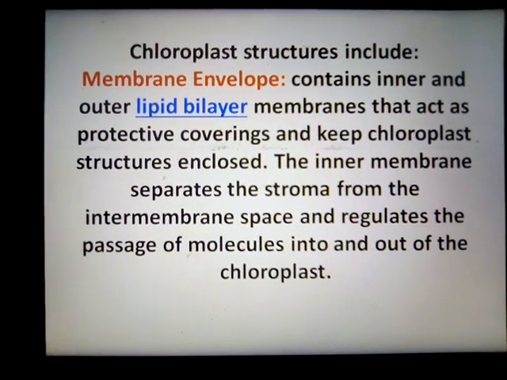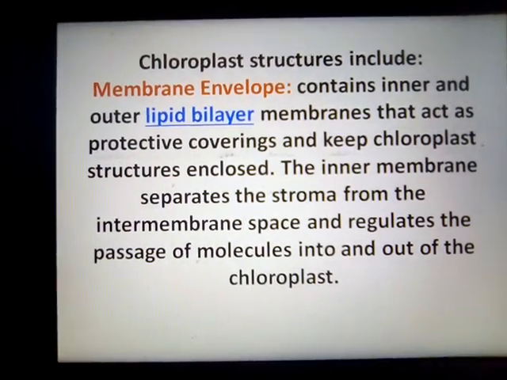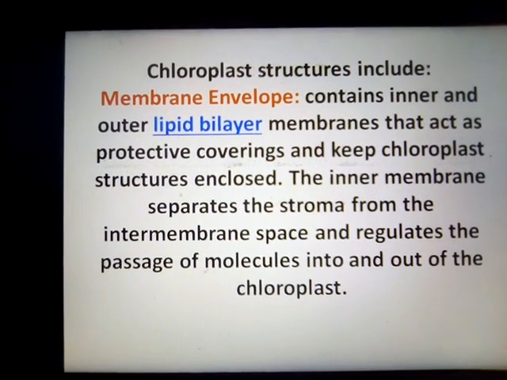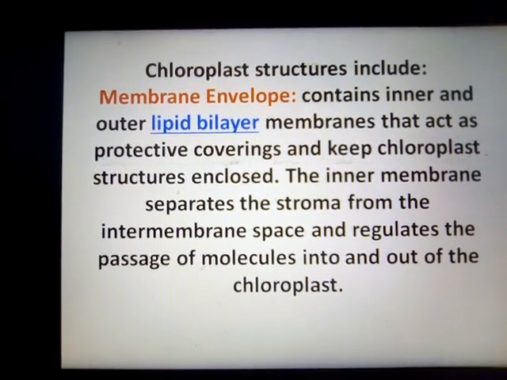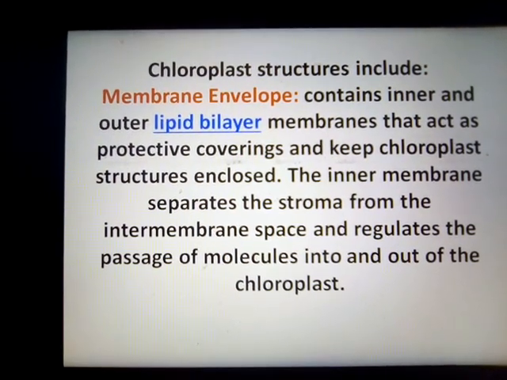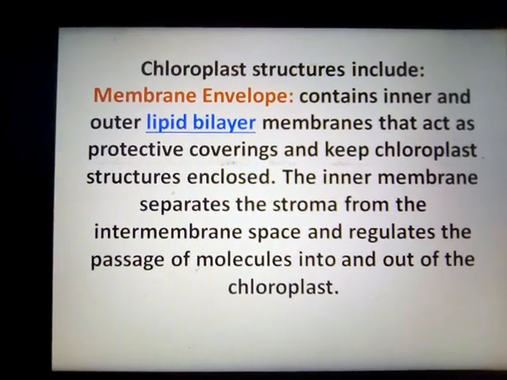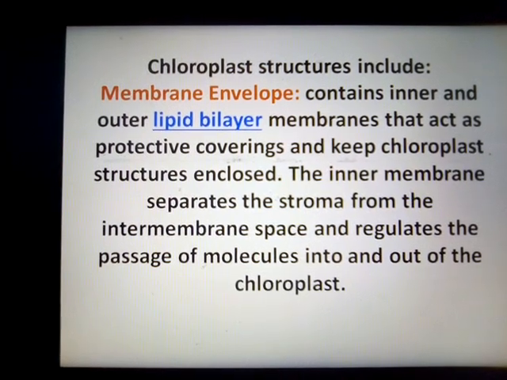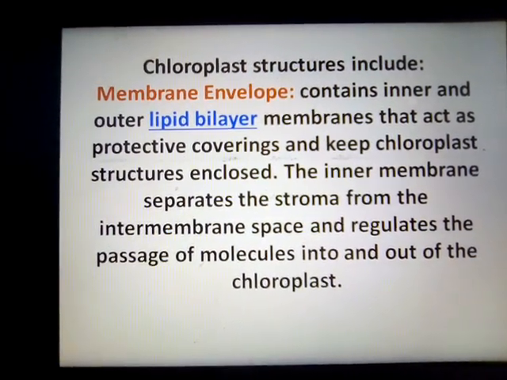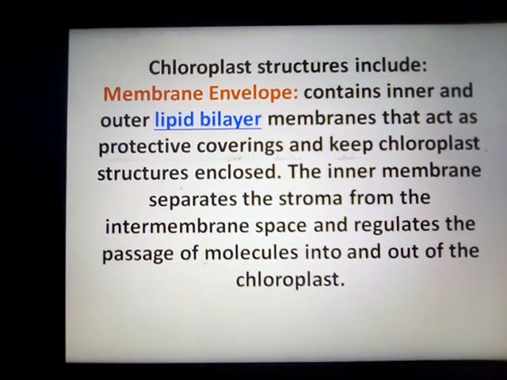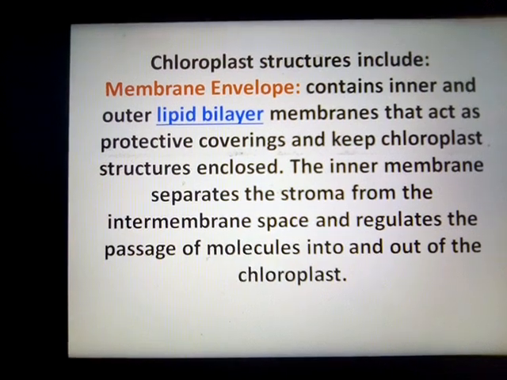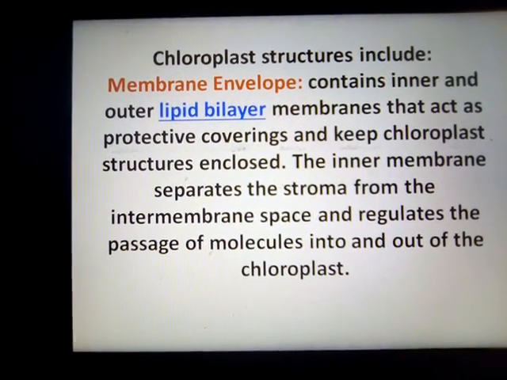Description of the chloroplast. Copy. Chloroplast structures include: 1. Membrane envelope. Contains inner and outer lipid bilayer membranes that act as protective coverings and keep chloroplast structures enclosed.